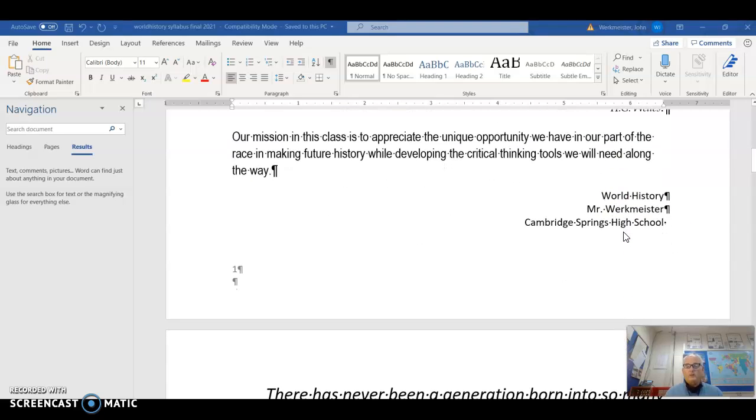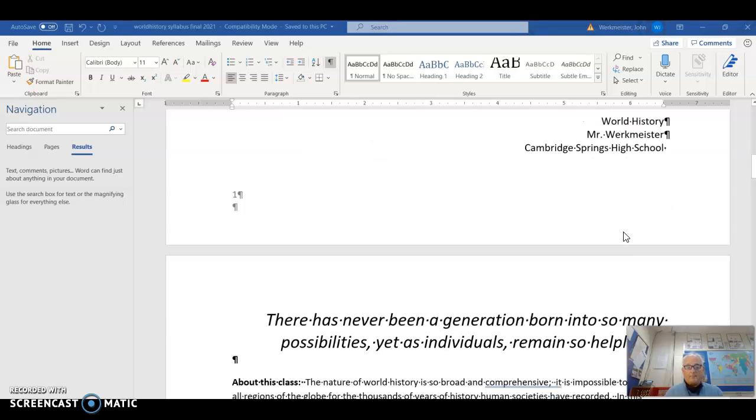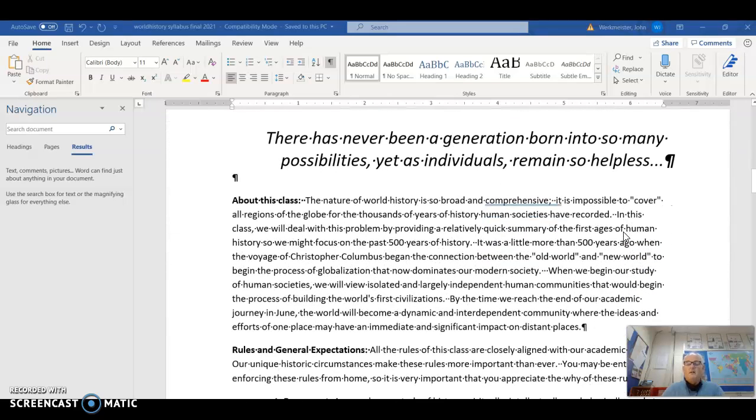And of course, part of our unique time is dealing with a pandemic. That's something we'll talk about periodically, about how important it is that you engage in this class faithfully on your own. In many cases, the rules that we have in class that will help frame our approach to history, you have to enforce yourself.